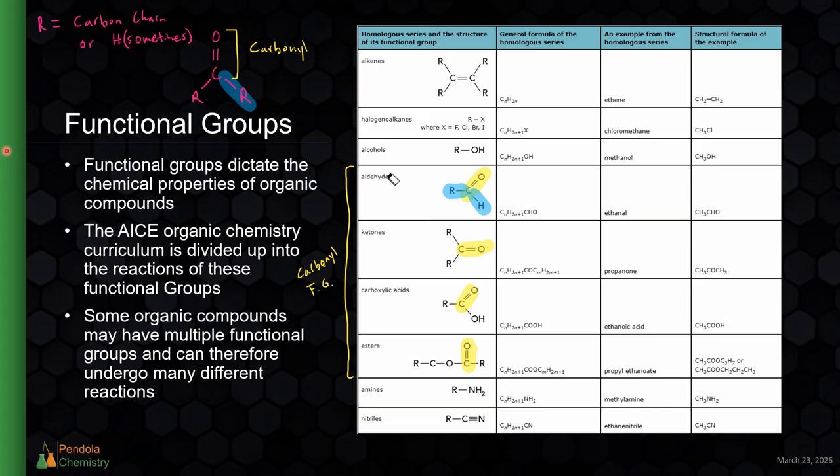This is usually shown in structural formulas as CHO, the CO and H, whereas the R is the rest of it. So I'm going to put the R group in a different color, green. One R group is just going to be our carbon chain in green, the CnH2n+1. And then the CHO is going to be our carbonyl group mixed in with that hydrogen.